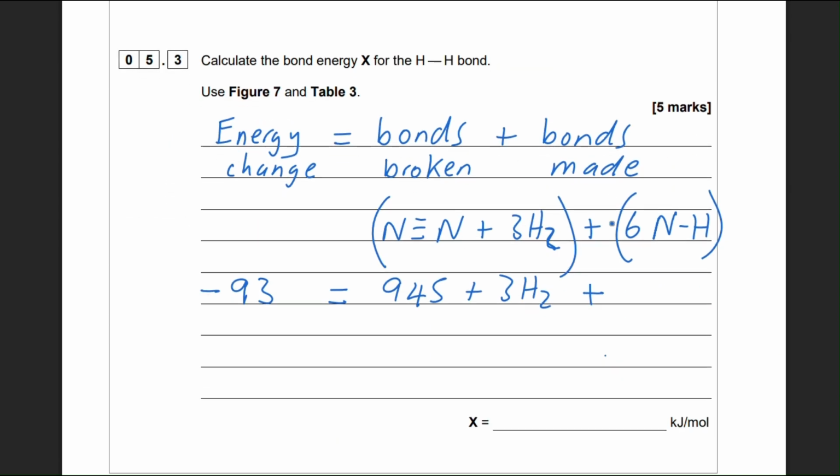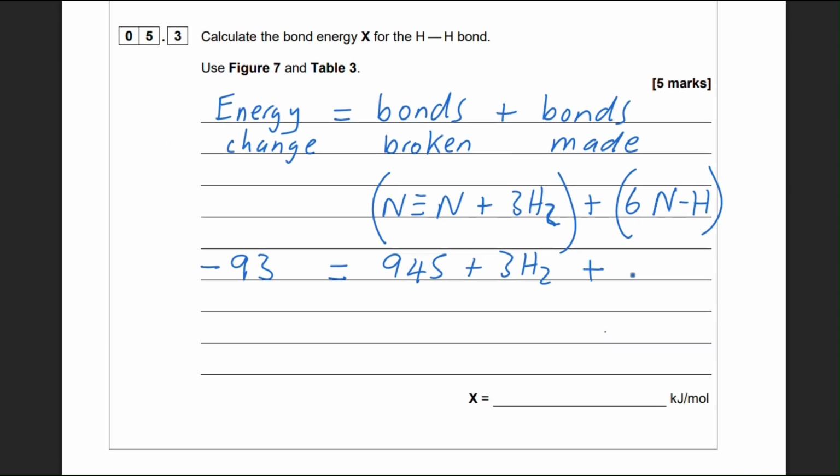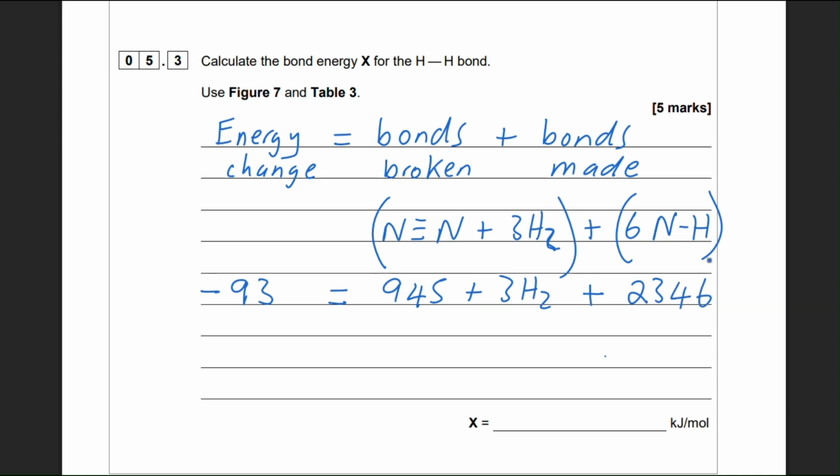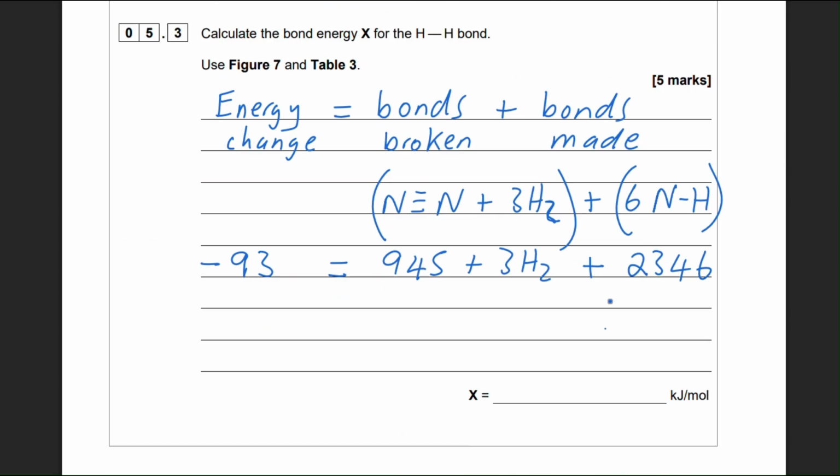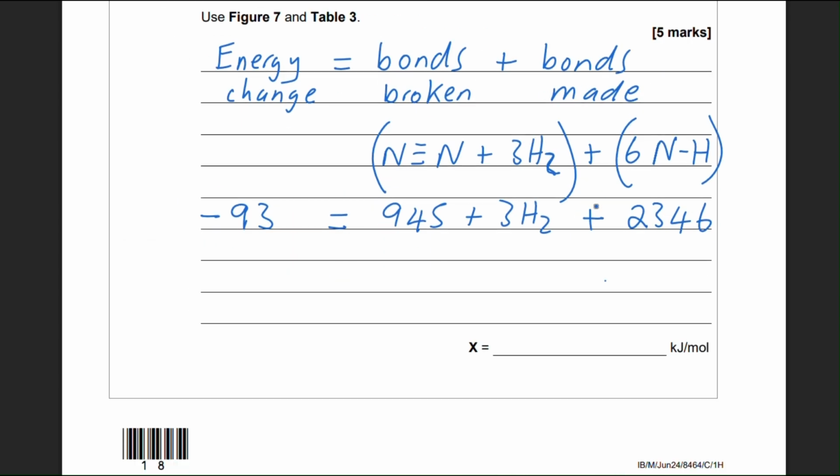So that's 391 times 6, which comes to 2346. But the other thing you have to remember is that because we're making these bonds, it's a negative process. So that actually is not plus 2346. That becomes a plus and a minus there.